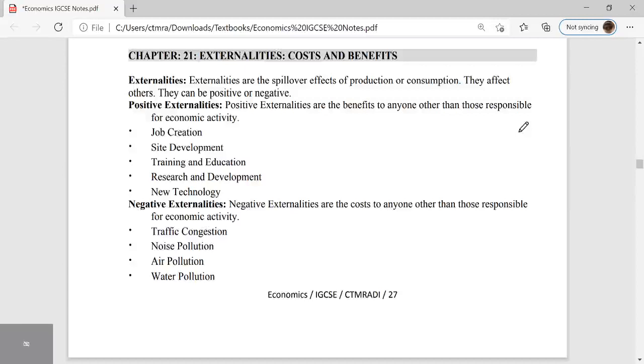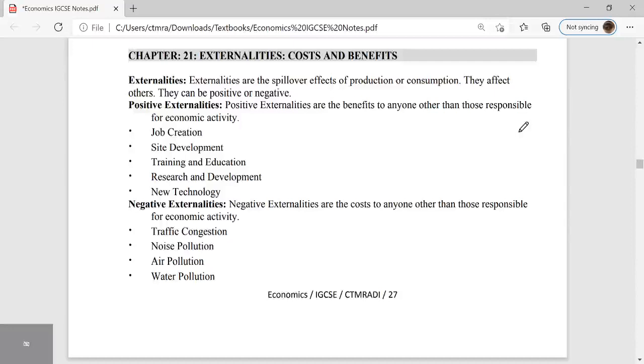When you're buying a car, what's happening? You are providing a free lift to your family and friends. They are not paying for your car, but they are enjoying it for free. So that's an example of positive externalities.